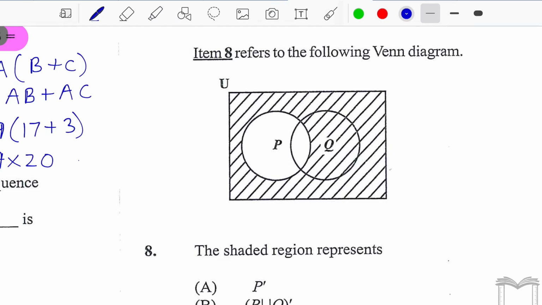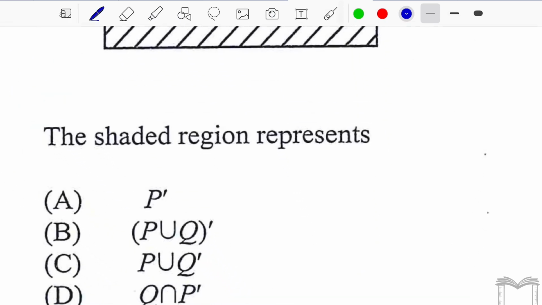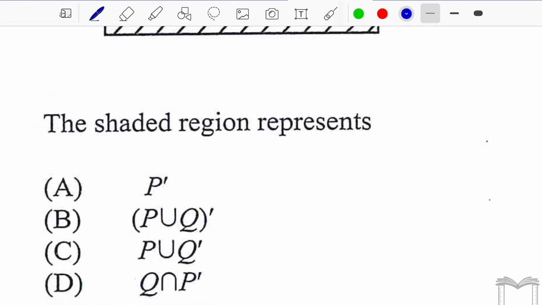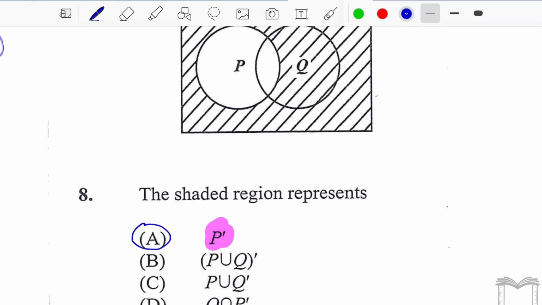We write it as P complement, which simply means everything that is not in P. So this is how you write P complement. So your answer is A.